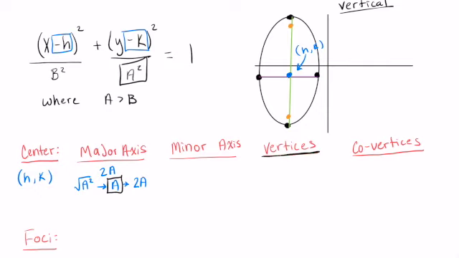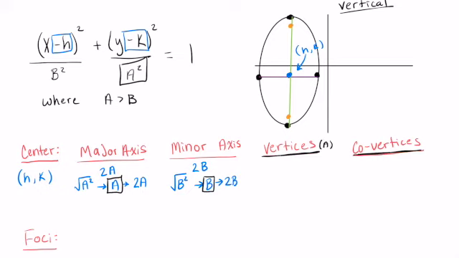My vertices. Then we can find our minor axis by taking 2 times B. I'm finding the length of my minor axis by doing 2 times B, by taking the square root of B squared, which is my smaller denominator. That gives me B, and then we have 2 times B. When I have those two things, it's very easy to use them when finding my co-vertices.